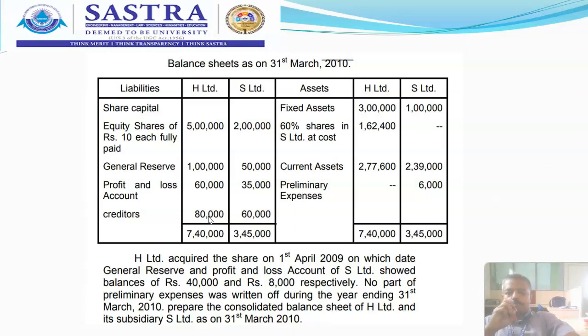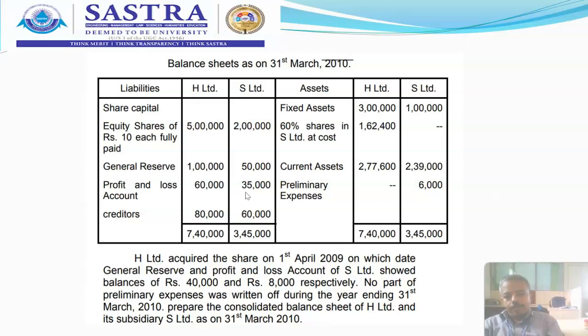If it is more, it means we have paid more for the reputation of the company, and that reputation is termed goodwill. Suppose we have made an investment of a lesser amount than the net asset realizable value, the intrinsic value, then the difference comes in negative. That negative we call capital reserve. So in any sum, it is either capital reserve or goodwill.